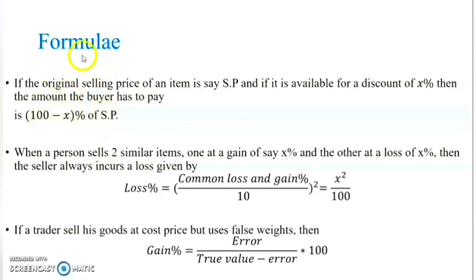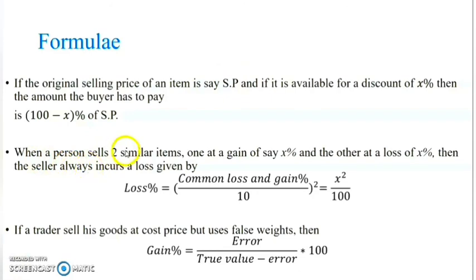So this is very important if you are buying something online, or if you are going to a shop and the shopkeeper says that this much discount is available for this particular item. Now what does the second formula say?